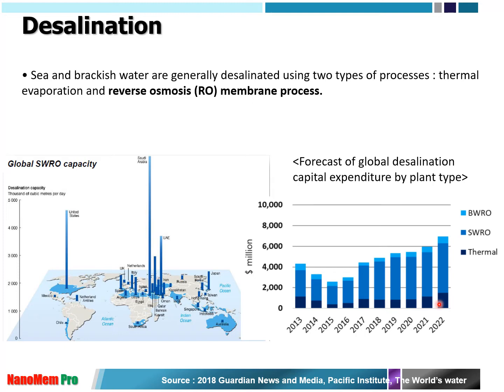So you can see the capital expenditure of the thermal treatment process is very much stable compared to seawater reverse osmosis. So seawater reverse osmosis is becoming more dominant technology for seawater desalination.